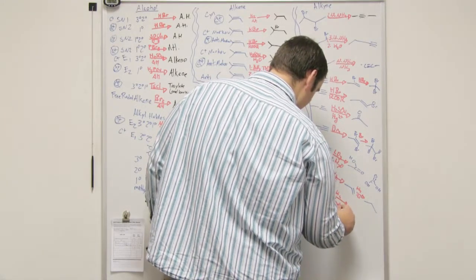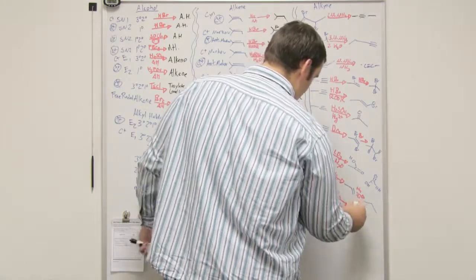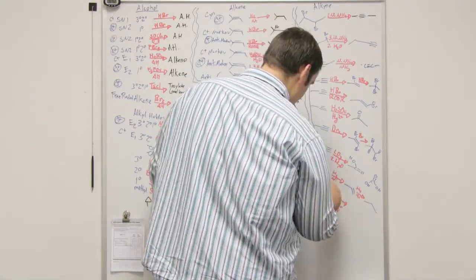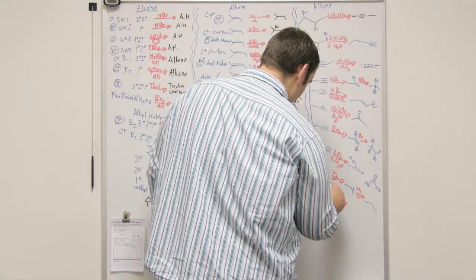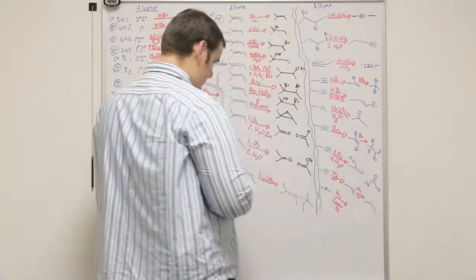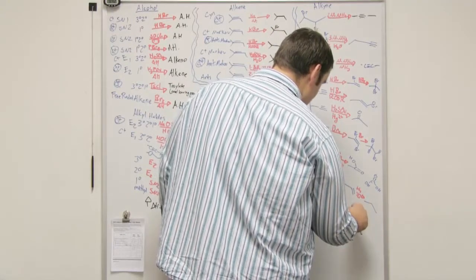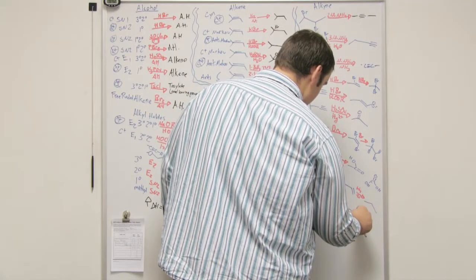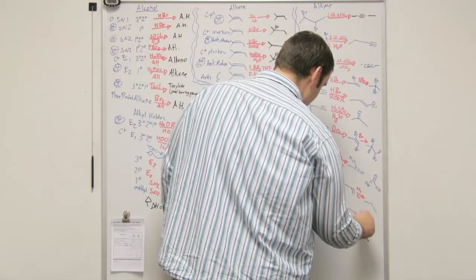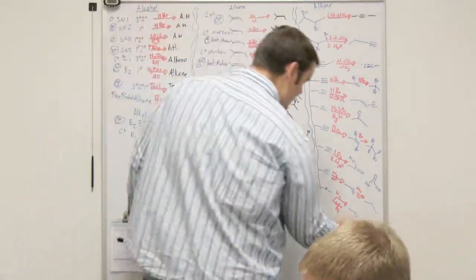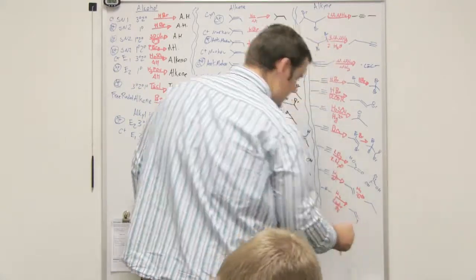Has she gone over this one? Okay, and I actually should go like this. We should draw a triple bond being in the middle of the chain on this guy. So if I do this with Lindlar palladium, we get a cis. We get our double bond stopping at cis.